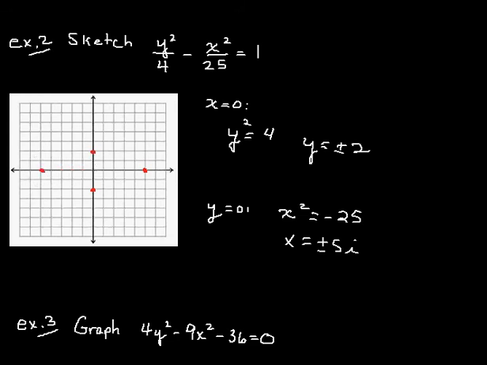And we create our rectangle. Then we draw in our asymptotes through the vertices of our rectangle. These are quite easy to do. And then finally we draw in our hyperbola.